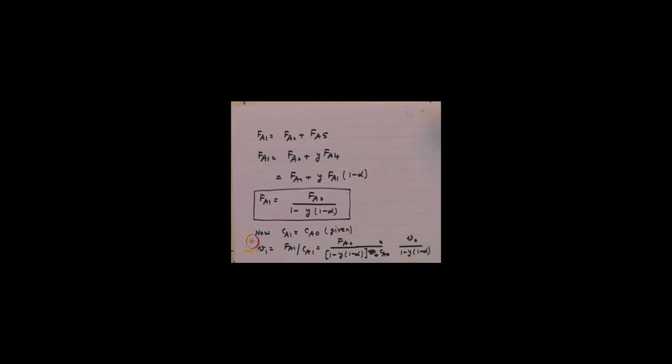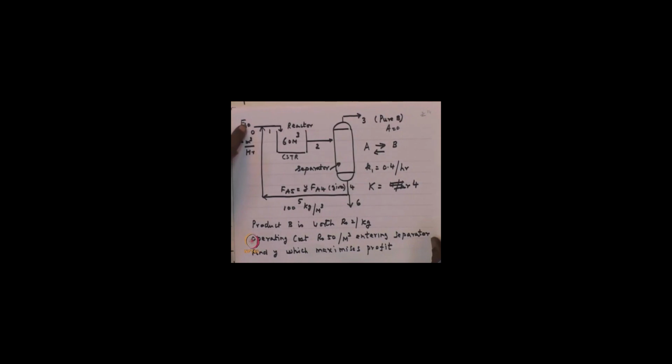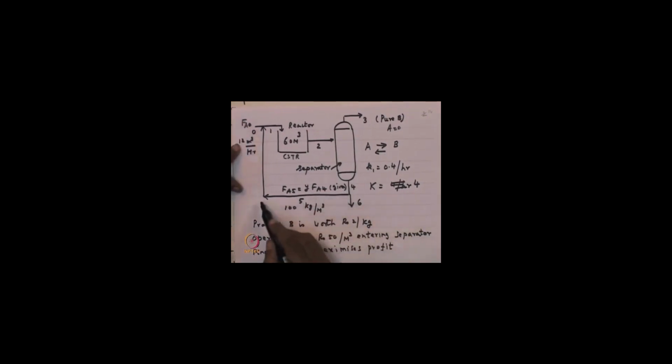Now, we have C A 1. What is C A 1? Feed is coming at C A 0, and this stream 5, as per the problem statement, is made up so that the concentration here is the same as the concentration of the fresh feed stream. Fresh feed stream concentration is given as 100 kg per cubic meter, and this stream is also made up so that it becomes 100 kg per cubic meter.